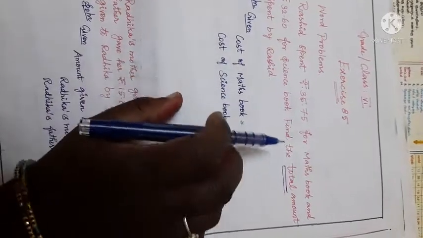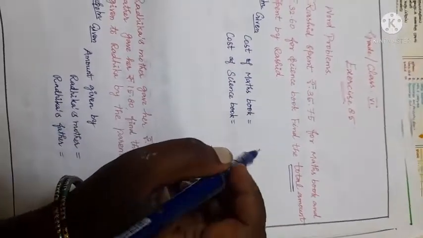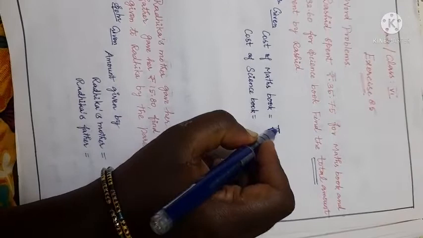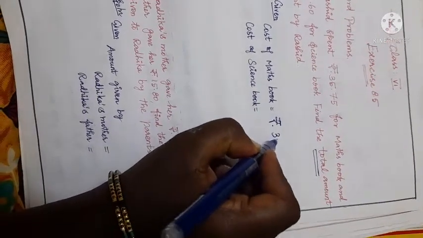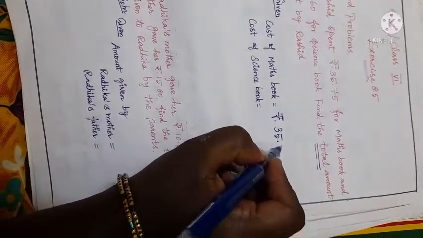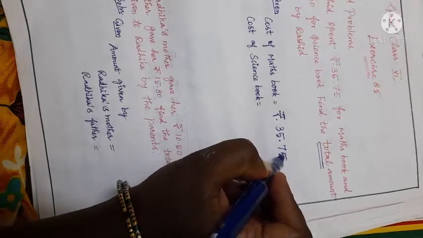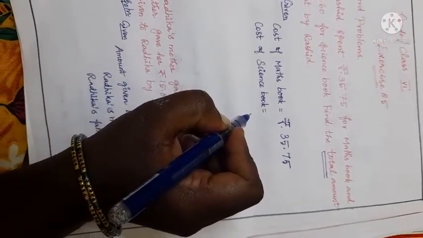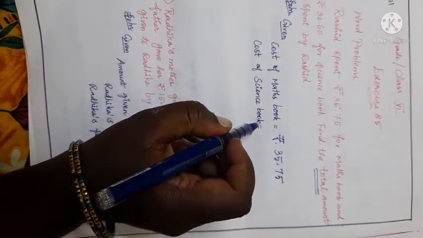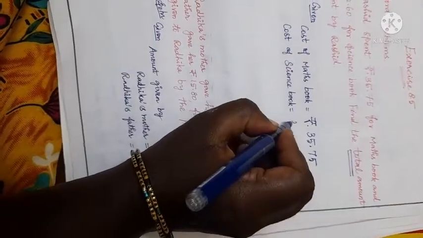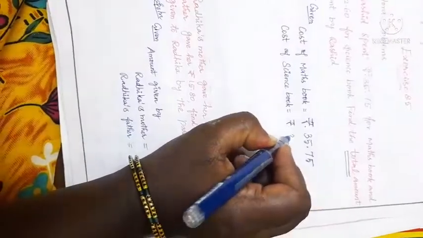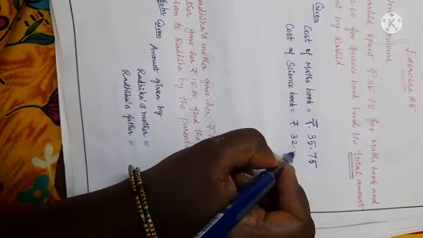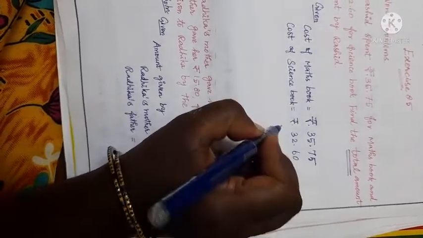Cost of maths book equals rupees 35.75. Next, cost of science book, rupees 32.60.